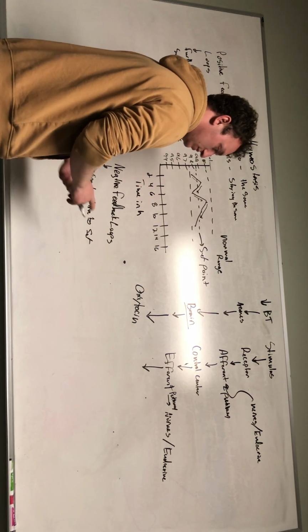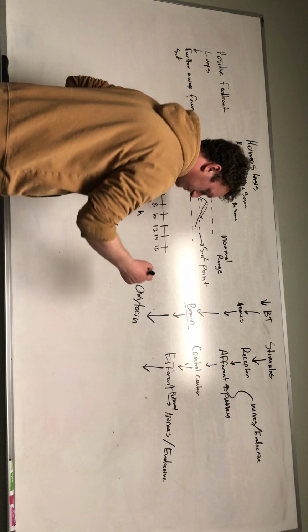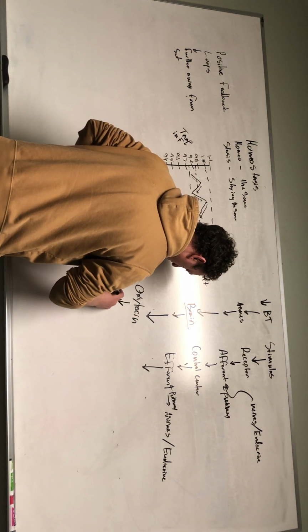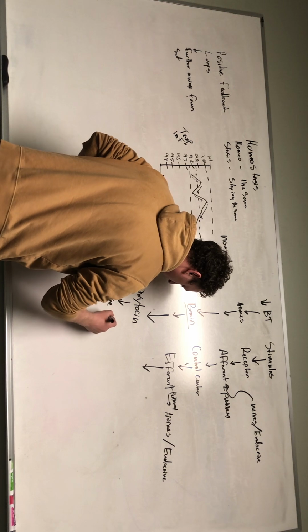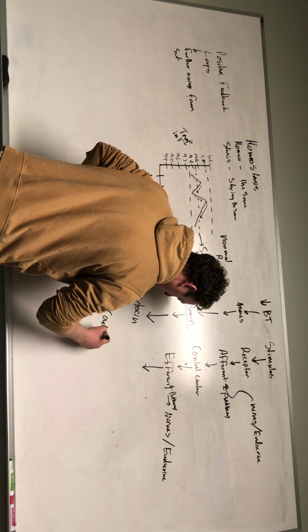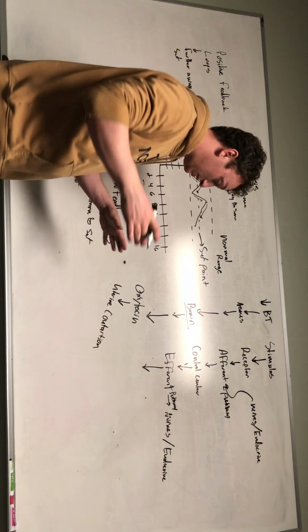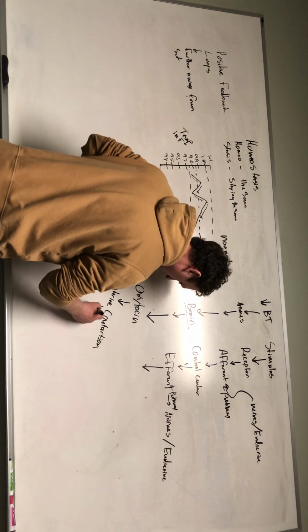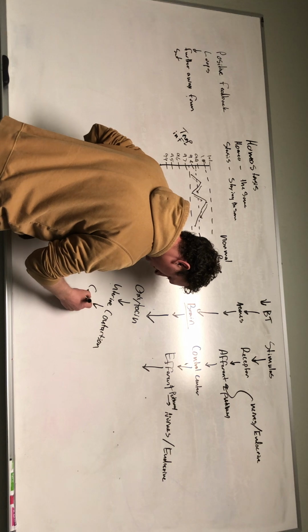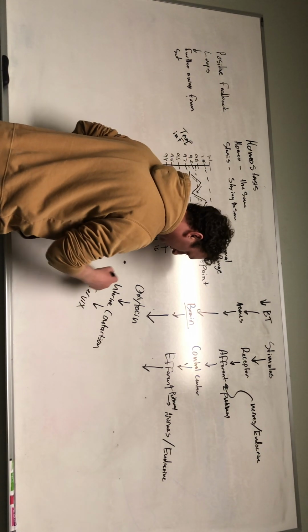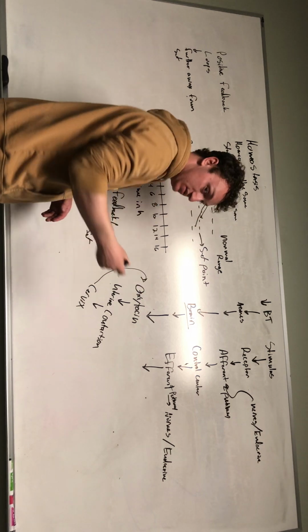That goes to the brain, which elicits a response of uterine contraction, which is trying to push the baby out, and that puts pressure on the cervix, which actually releases more oxytocin.